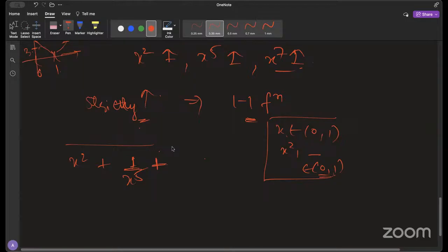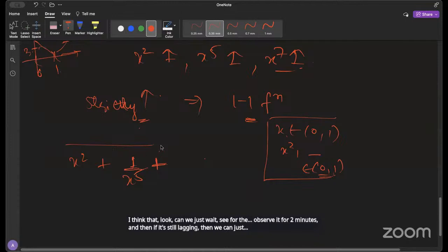Can we just observe it for 2 minutes, and if it's still lagging, I'll try to figure something out. Is it still lagging though? No, ma'am, for me it's not lagging. Now it's correct. Okay.